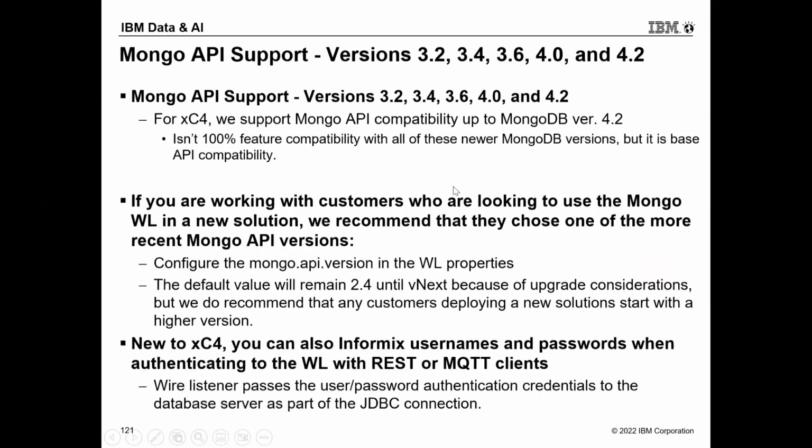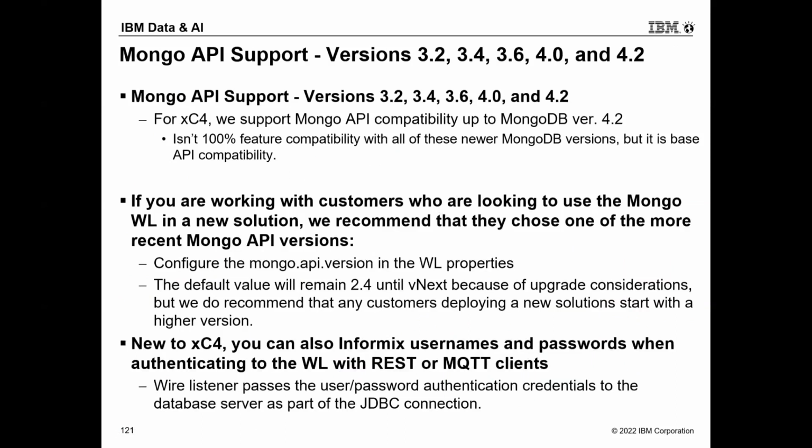So here we are with the Mongo API support for XC4. Starting XC4, we support up to 4.2 of MongoDB. This is not 100% feature compatibility with all of the newer MongoDB features and versions, but it is a base API compatibility.